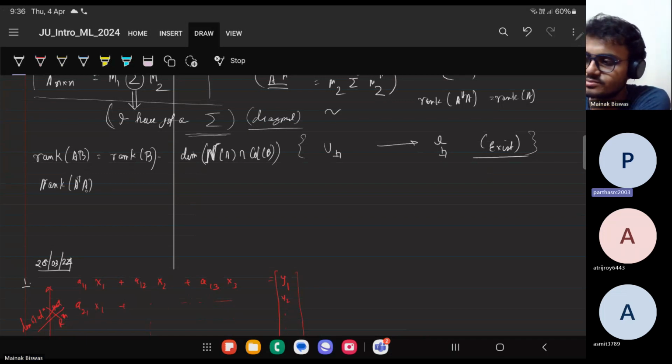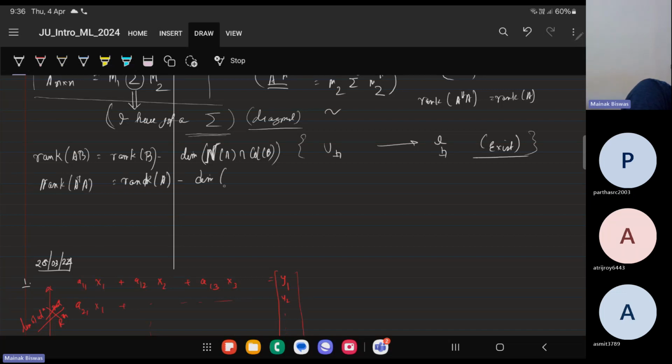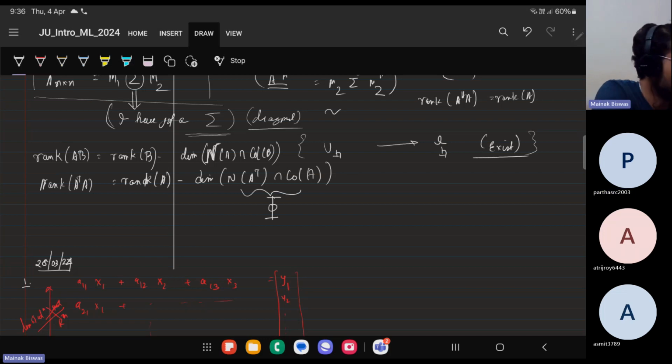Rank of A minus the dimension of the null space of A transpose intersection column space of A. The column space of A and the null space of A transpose are orthogonal, separate spaces, so their intersection is just the zero vector, not phi, the zero vector. So this is equal to rank of A.